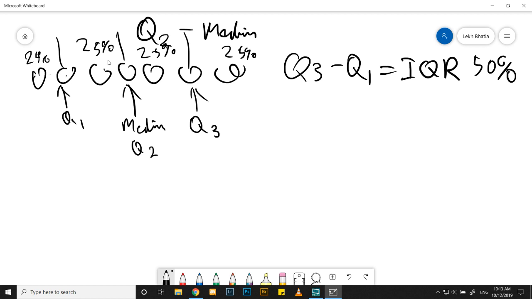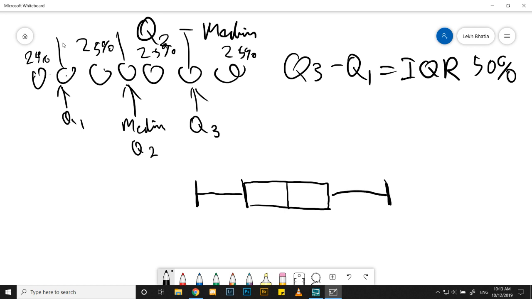Then using this, you create something called a box and whisker plot. We'd have a box, a line inside the box, and a line coming out like that, a whisker.